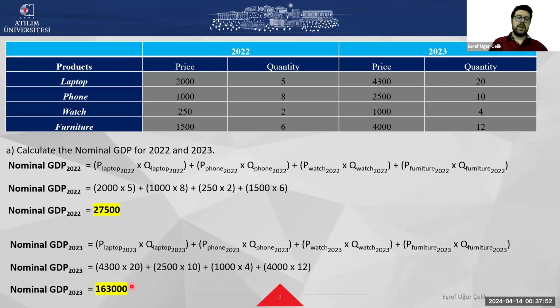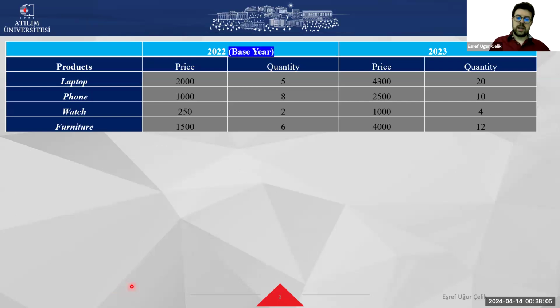For the real GDP, we try to understand whether the increase or decrease comes from changes in the quantity. By doing this, we are fixing the price by using the base year. By fixing the price, if there is an increase in real GDP, we understand that it comes from an increase in quantity.